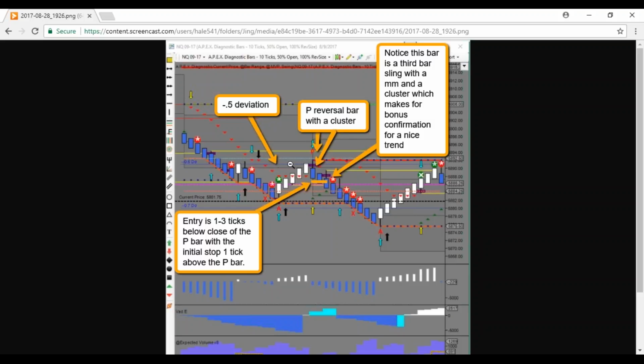Or is the smart thing to do to see this trade setup, enter 1 to 3 ticks below it, I get 5 ticks in the money, so now I want to move my stop from way up here to way down here at break even? Because I had my stop way up here, but I started getting a few ticks of profit, and now I want to move my stop way down.